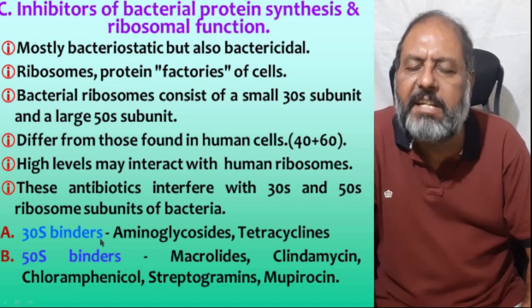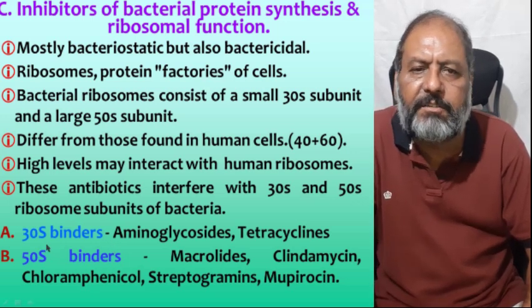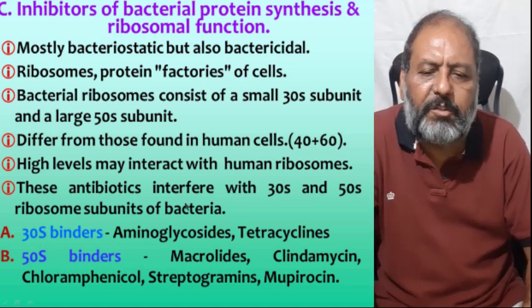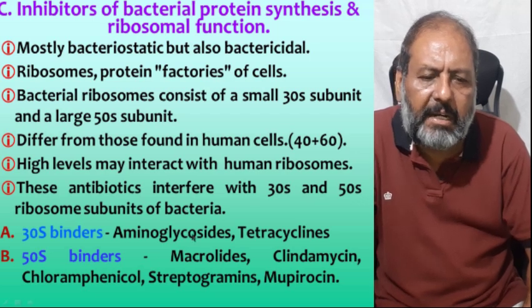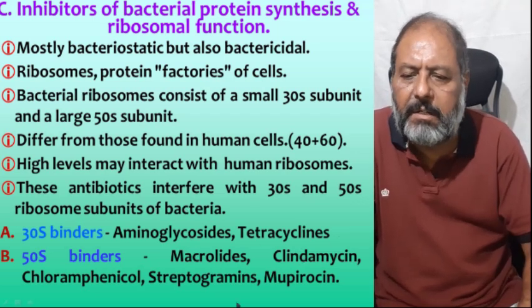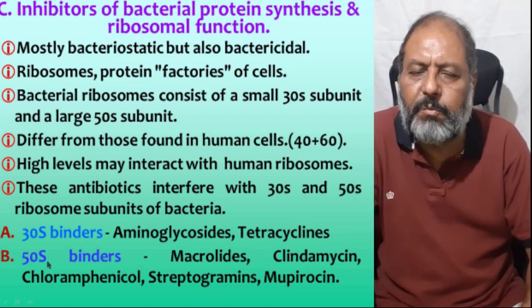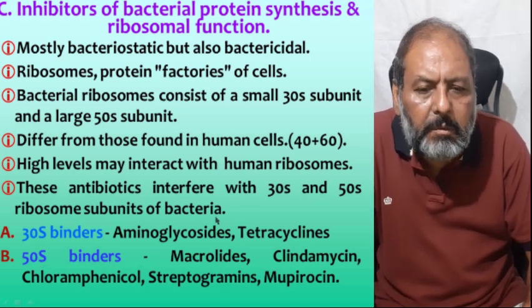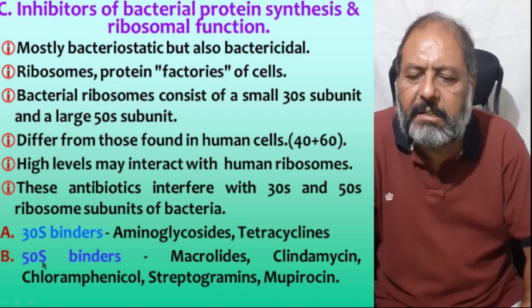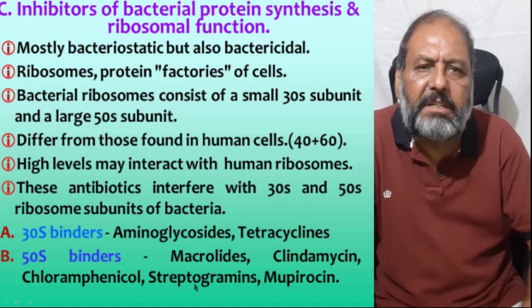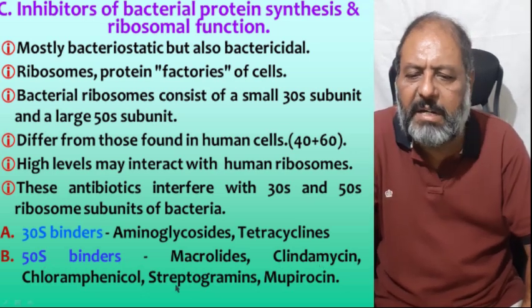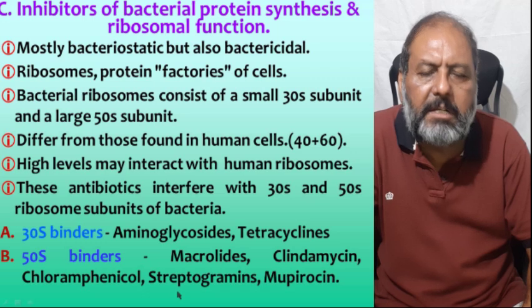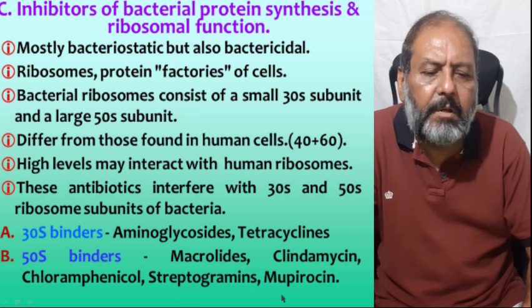The 30S binders, which act on the 30S subunit of the ribosome, are the aminoglycosides and the tetracyclines. The antibiotics which act on the 50S subunit of the ribosome are called 50S binders. These are the macrolides, clindamycin, chloramphenicol, streptogramins, and mupirocin.